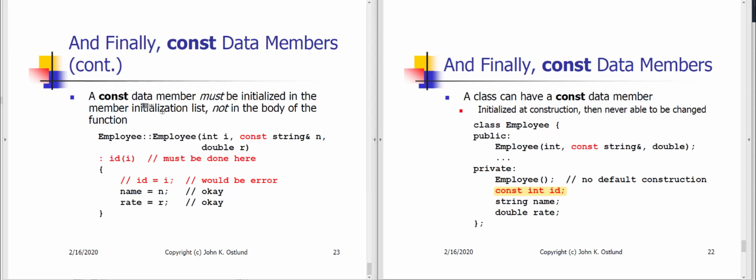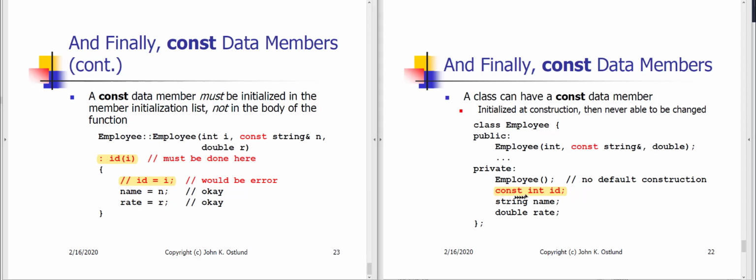Well, we do that in the constructor, and in this case we must use the member initialization list to initialize ID. If we decided that we didn't like that notation and instead we would rather say ID gets i in the body, that's going to fail because ID is a const.